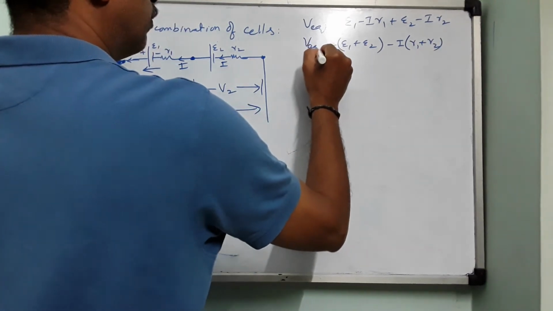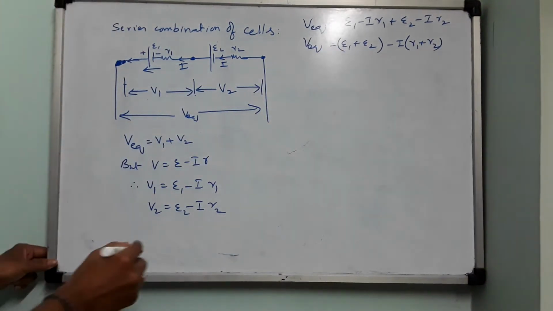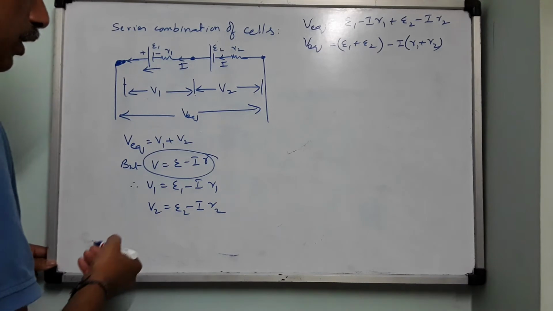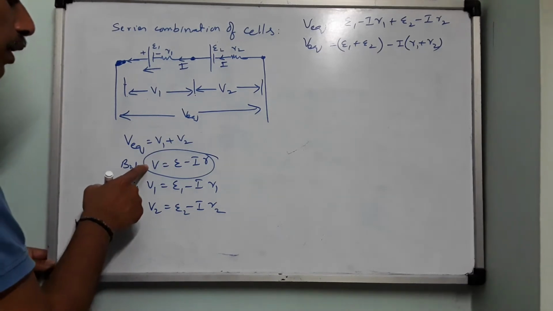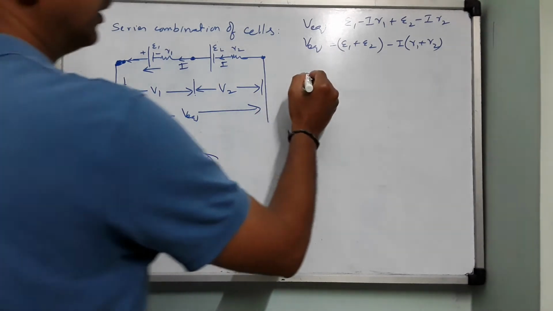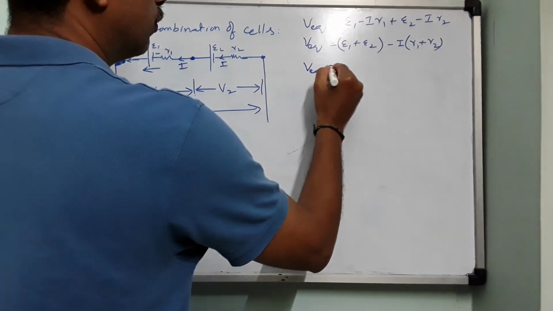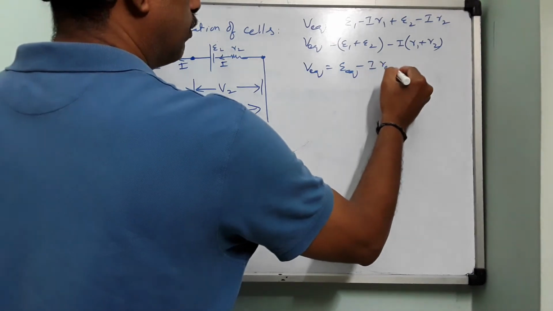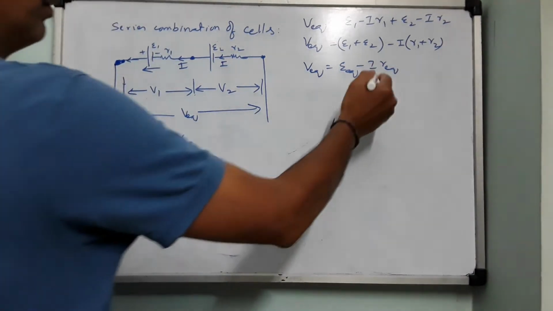What is this V equivalent? Look at this equation. This is one of the important formats in current electricity, in the topic of cells. Always we express the terminal potential difference V as E minus IR. So if you come to the equivalent, V equivalent equals E equivalent minus I into R equivalent. Compare these two equations.